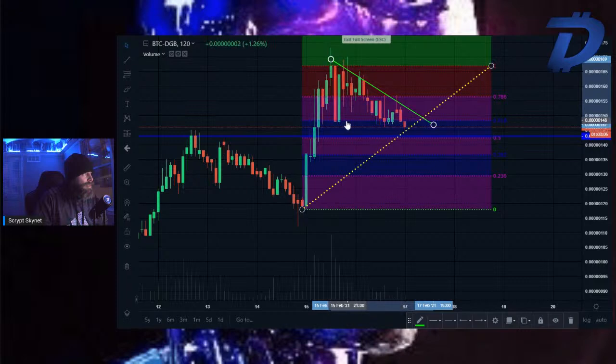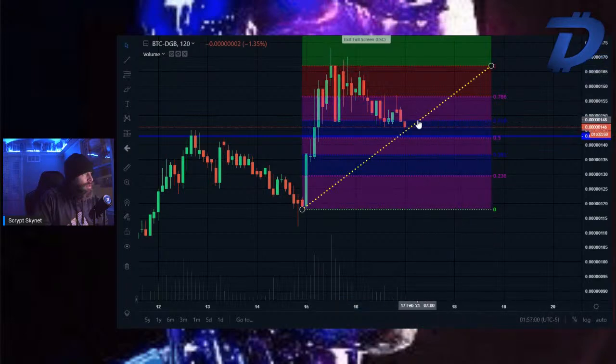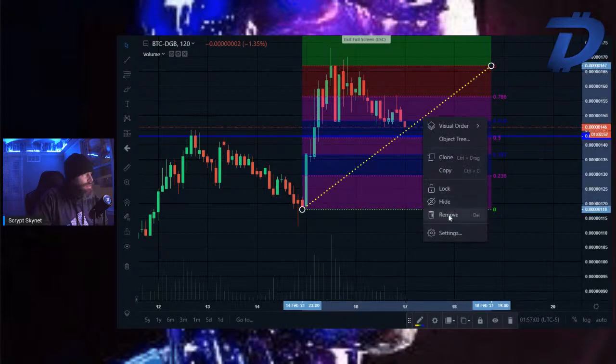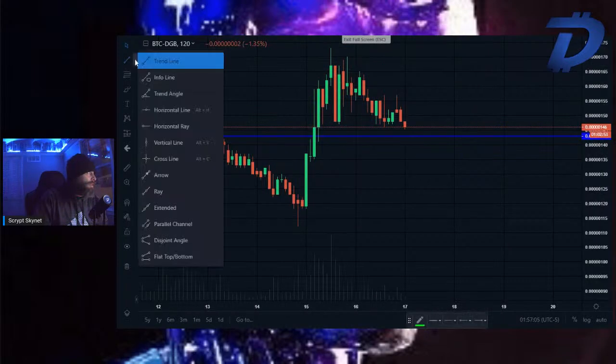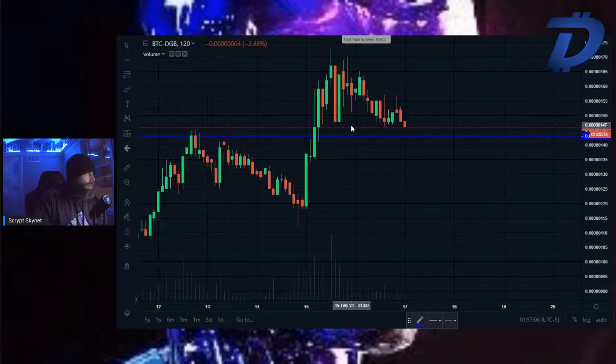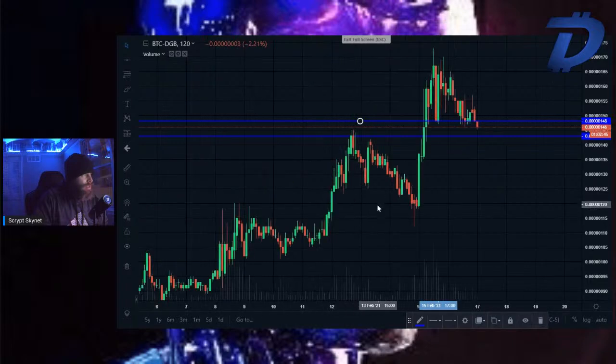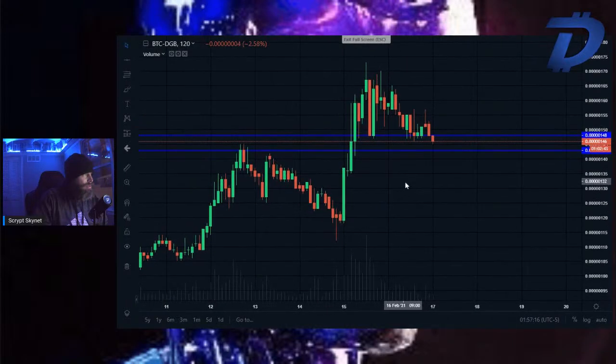Except it does look like it made a lower low. I mean, you can even take out the Fibonacci and you can see it made a lower low. Now, if you're just ranging it, let's make this back.